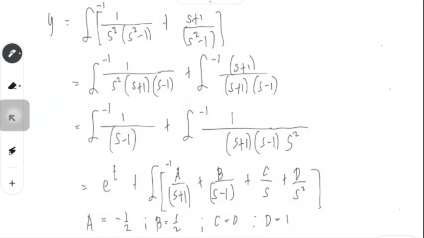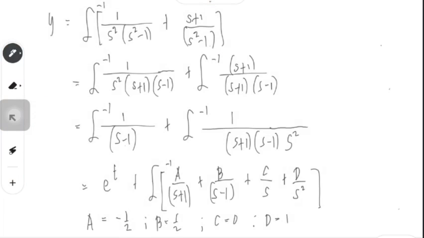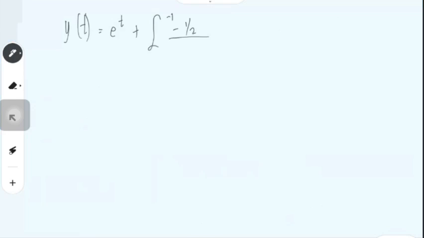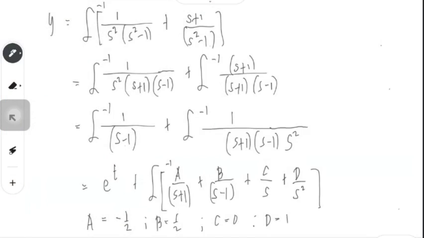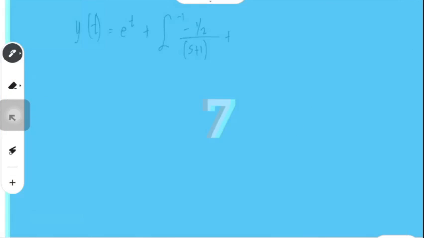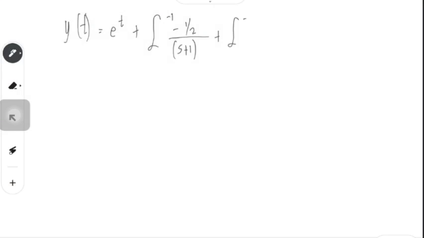Pwede natin factor out yung negative 1/2, all over S plus 1. Then plus, linearity property, B is 1/2, S minus 1.